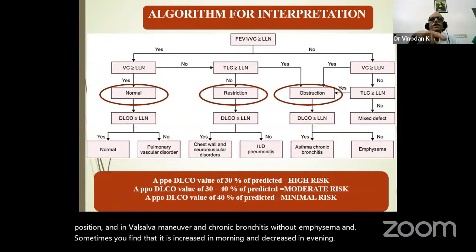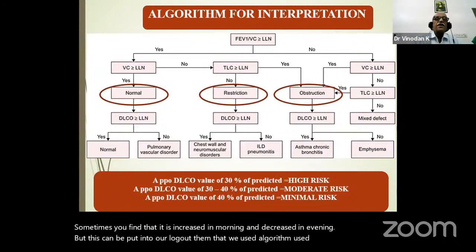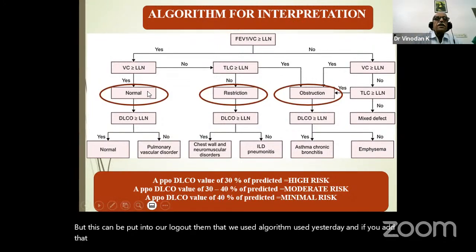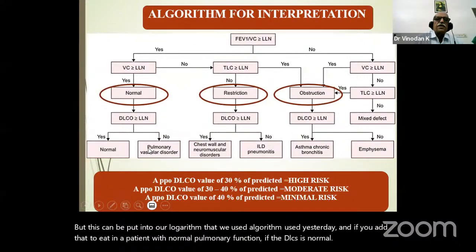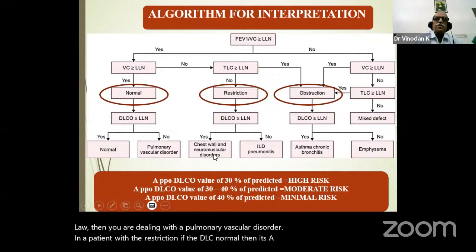But this can be put into our algorithm that we used yesterday. And if you add that to it, in a patient with normal pulmonary function, if the DLCO is low, then you are dealing with a pulmonary vascular disorder. In a patient with a restriction, if the DLCO is normal, then it's a chest wall or neuromuscular disorder.